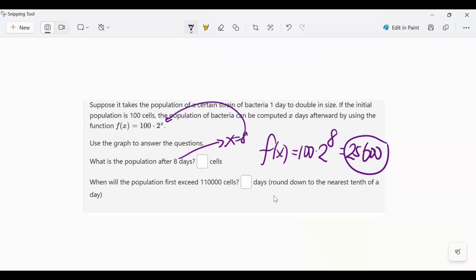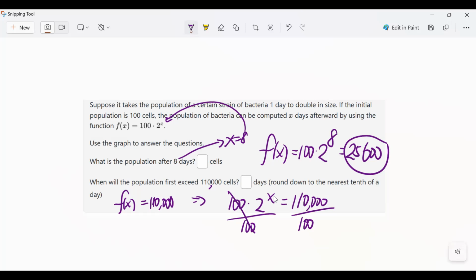Now, when will the population first exceed 110,000? That means f of x equals 110,000. Now we try to solve for x. So 100 times 2 to the x equals 110,000. Now we divide both sides of the equation by 100. 2 to the x equals, dropping a couple of zeros, 1100.